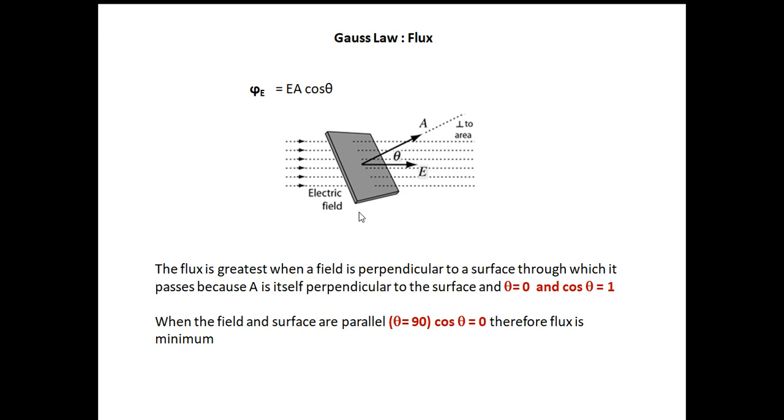Then if this is bent and becomes parallel to the electric field, the surface is like this and the area vector is like this. So the angle between the two will be 90, cos theta will be 0, and the flux through the surface will be 0, or minimum.